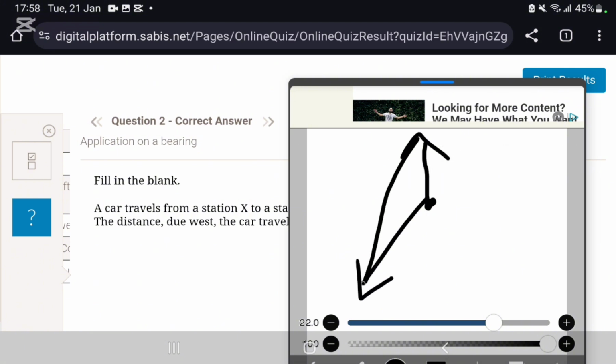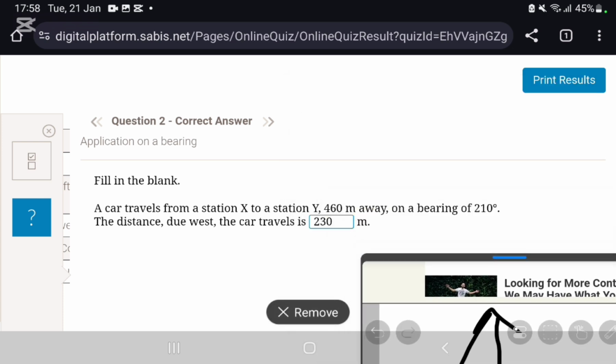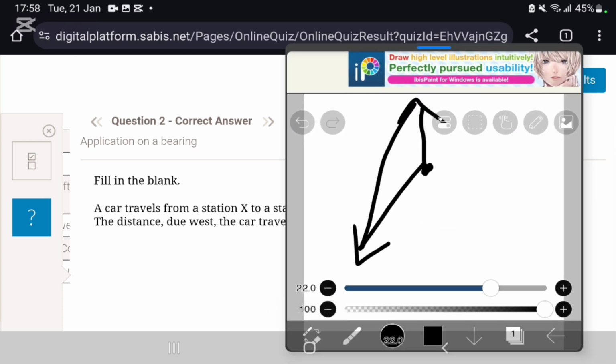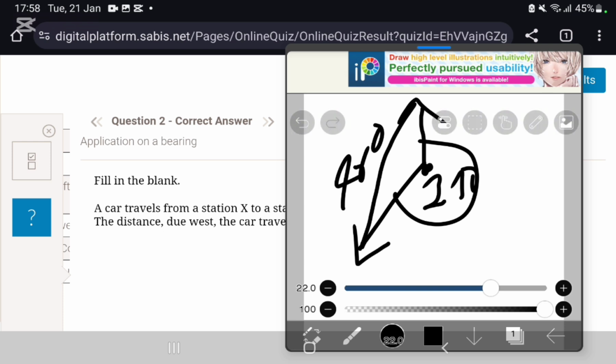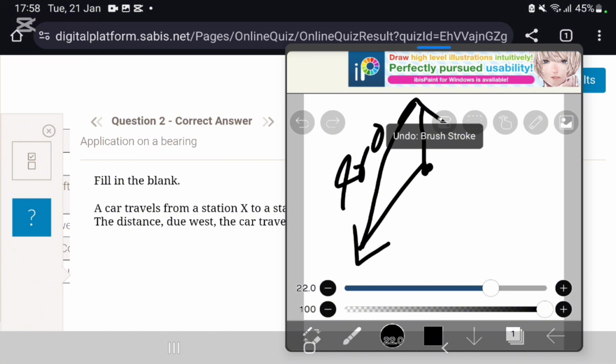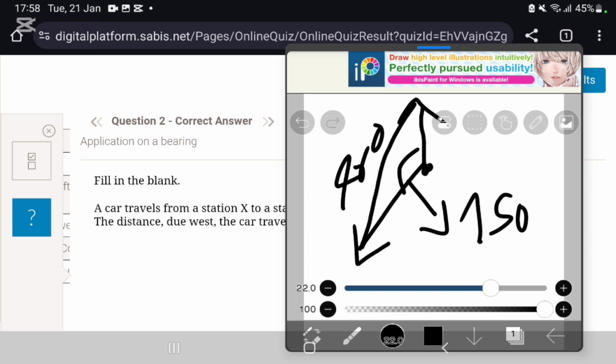So this whole thing is 460. But this is 210. So this angle here is 150.